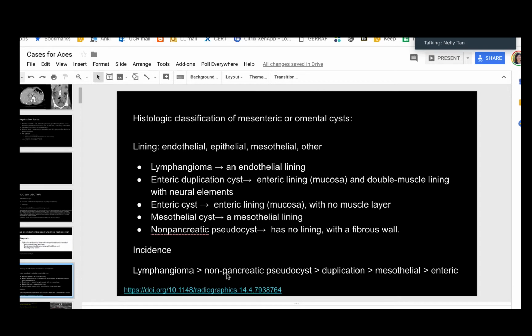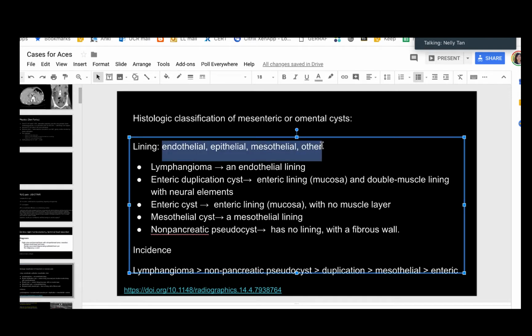It's a little old, but they divided it in four separate linings that they stratify these cysts by: mesenteric omental cyst, endothelial, enteric, mesothelial, and other. Our pathologist couldn't subtype it, but if it's endothelial, then it's a lymphangioma. Enteric lining, then you think about an enteric duplication cyst, and these have a double muscle layer lining, and I'll show you an example that was shown in that RadioGraphics paper.